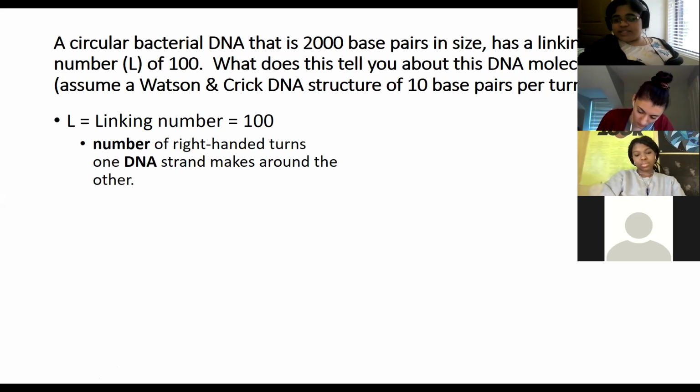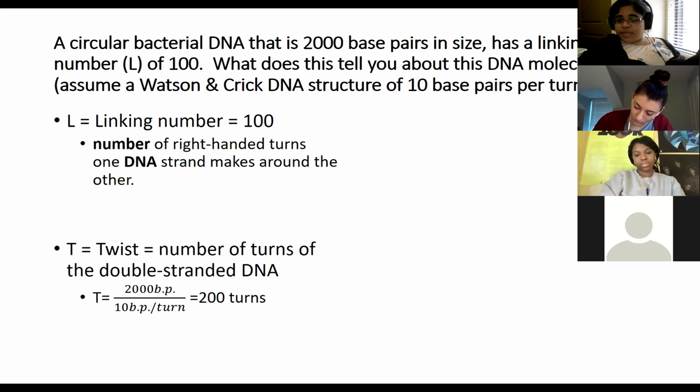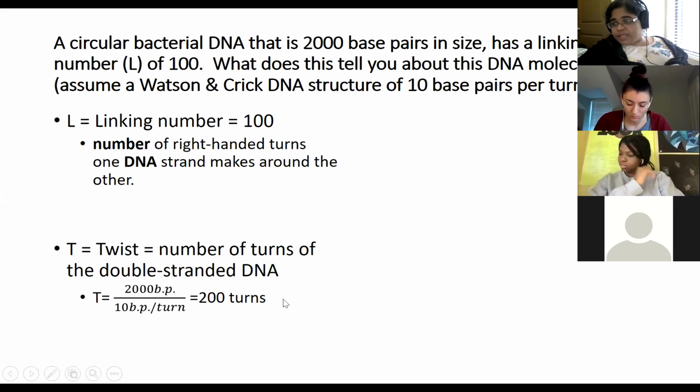Then you can tell the other component, twist, because it tells you the number of base pairs and the number of bases per turn. So T would be the number of base pairs divided by the number of base pairs per turn. That gives you 200 turns in this case. Does that make sense so far? Okay.